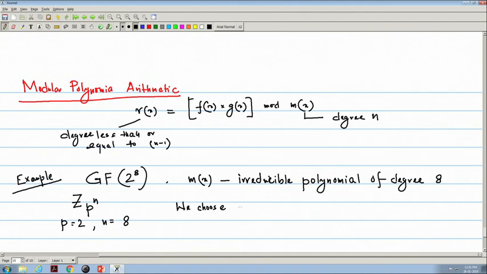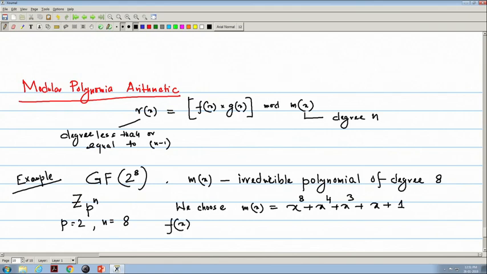So, we choose m x equal to x to the power 8 plus x to the power 4 plus x to the power 3 plus x plus 1. There are many irreducible polynomials of degree 8, so we take one here, and we take f x.